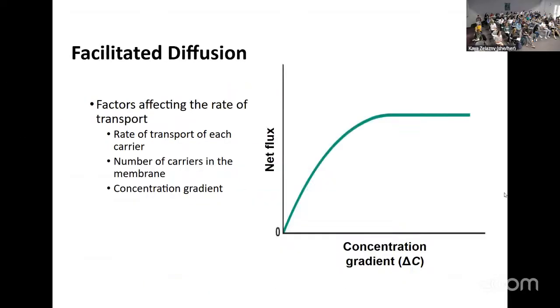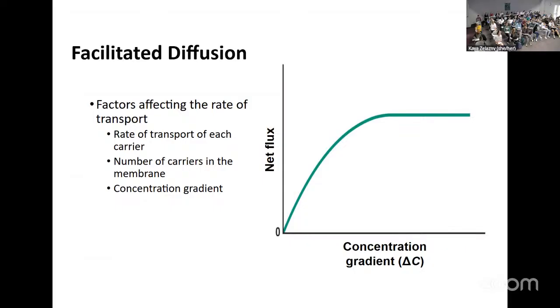And that's important because that has implications for the rate at which we can see transport, right? So this is going to be still happening spontaneously, still happening passively, but we're not going to see the same relationship between concentration gradient and net flux as we did in simple diffusion, because we've got an extra complication here. We've got our actual carrier protein involved in the process as well.